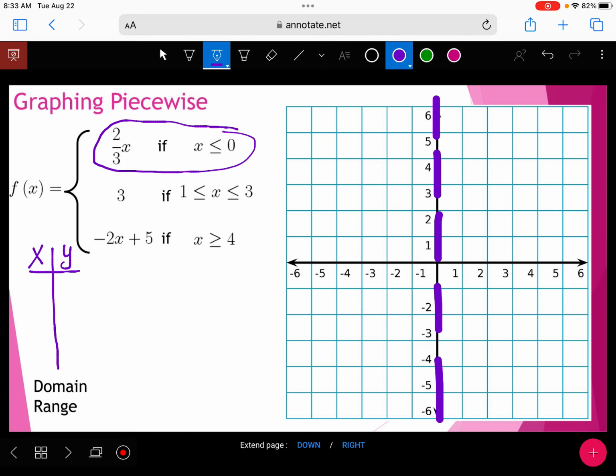What we're going to do is substitute these x values in. 0 times 2/3 is 0. Substitute the 0 in for x. -1 times 2/3. Yep.